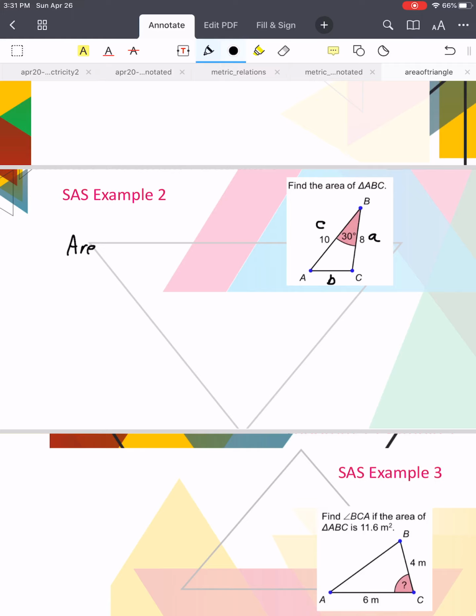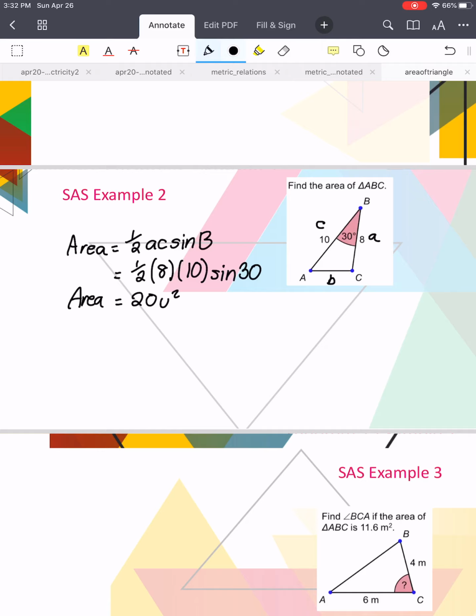So the area is equal to 1/2 times A times C times sine B. That's going to be 1/2 times A, which is 8, times C, which is 10, times sine B, which is 30. You plug that into your calculator, and you get that the area is exactly 20 units squared.